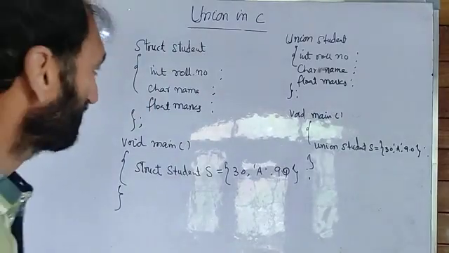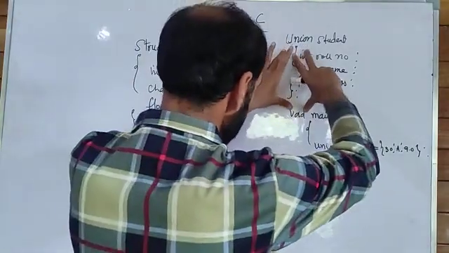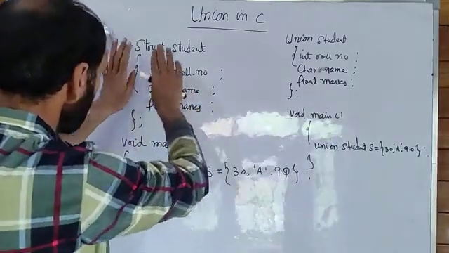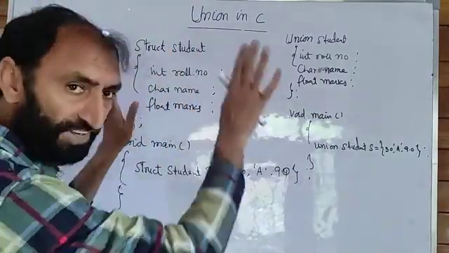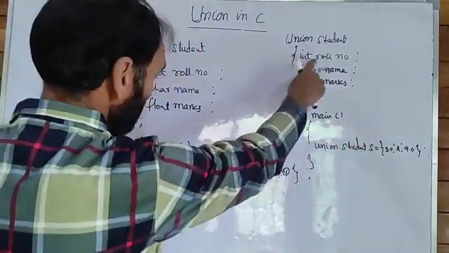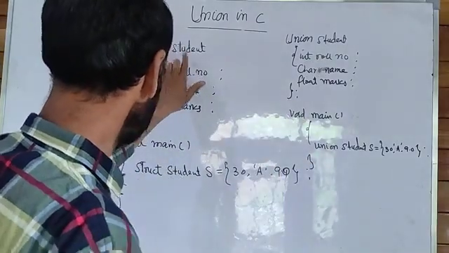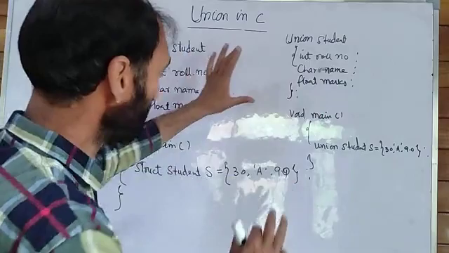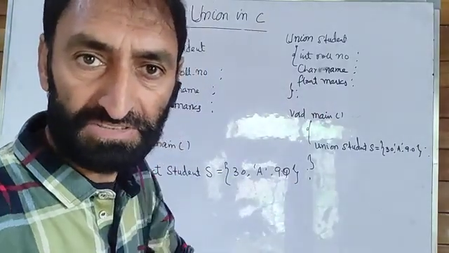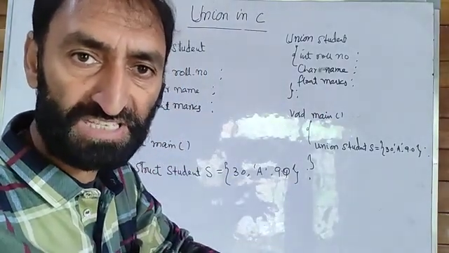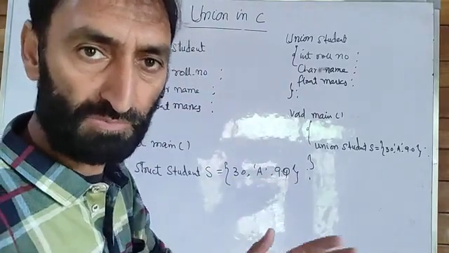If you see this declaration and definition and that definition, you will find there are no such differences between union and structure. Here, the union and structure seem to be similar. The syntax of union and structure is to some extent similar. But what is the difference?